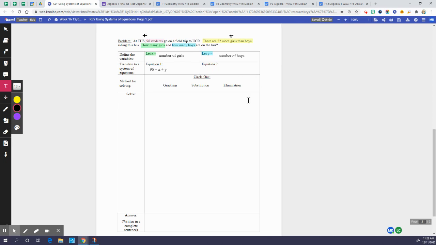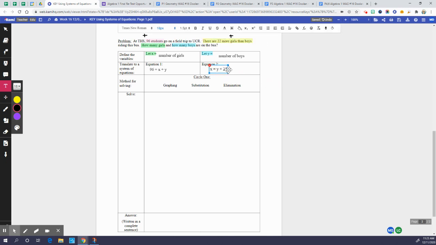And then equation 2 comes from the fact that there are 22 more girls than boys riding this bus. So there's more girls, which means if I take the number of girls and set that equal to the number of boys, I would have to add 22 to the number of boys, so that would be equal to the number of girls because there's more girls than boys.